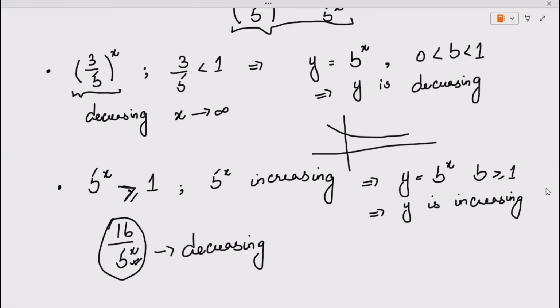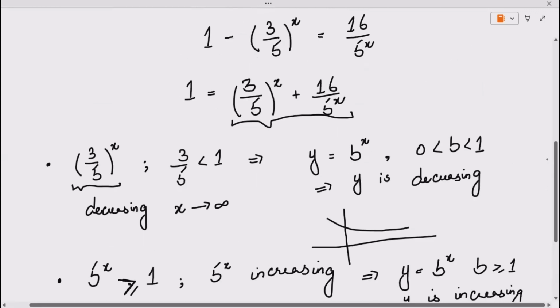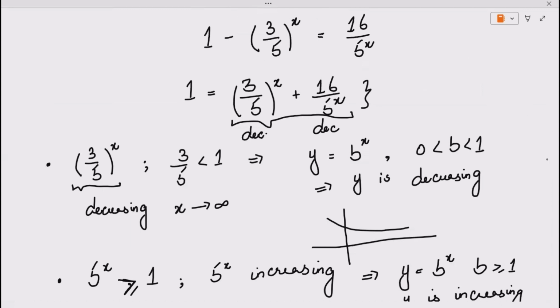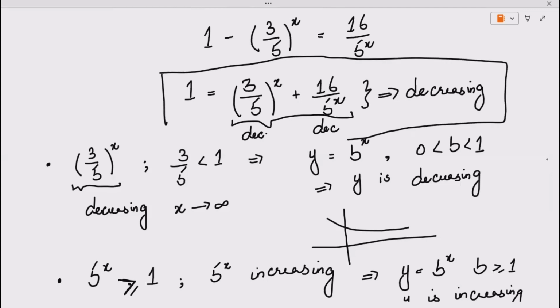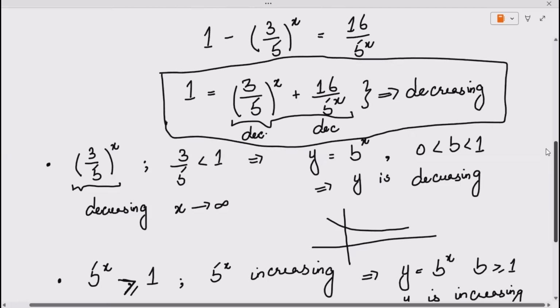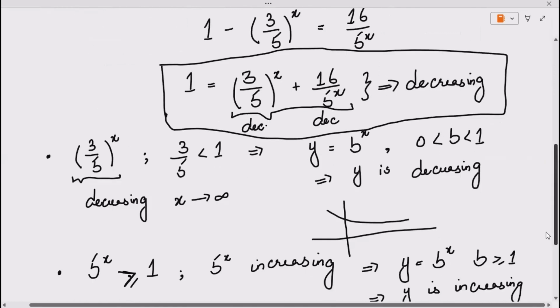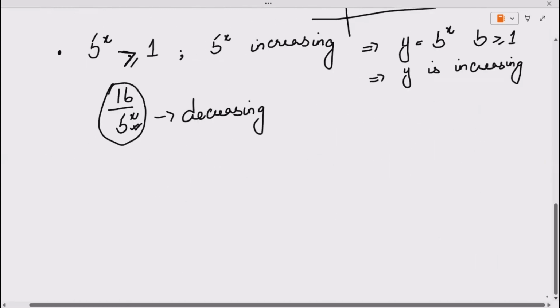So actually we find out that this term is decreasing and also this term is decreasing. It means this whole right hand side is a decreasing function, right? And on the left hand side we have a constant. So I write this equation like this in two parts.